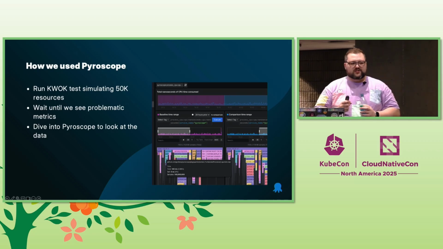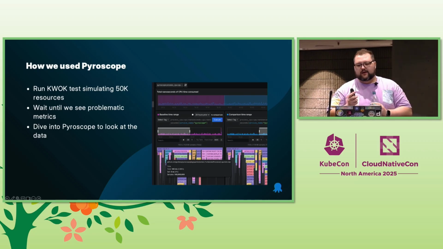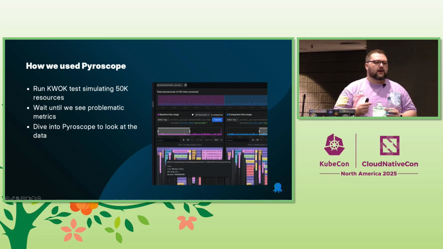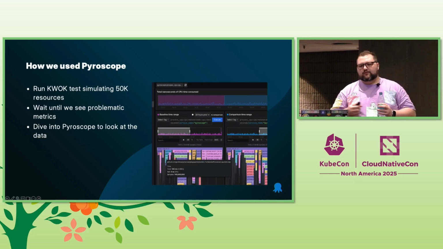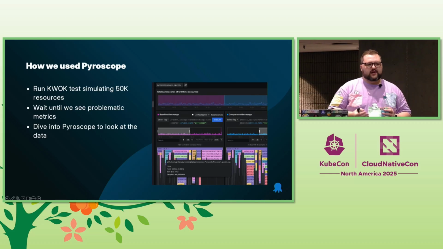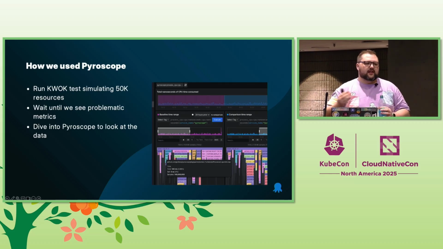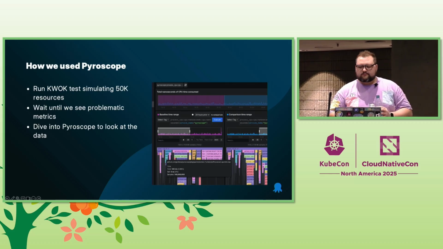Now, dev time wasn't the only time we ran it. We also enabled it when we ran our tests in CI. We would run locally and ship to the local collector, but when we ran in CI, we shipped it to a shared Pyroscope server. And that let multiple people go in and diagnose any kind of performance problems running in any of our CI systems.